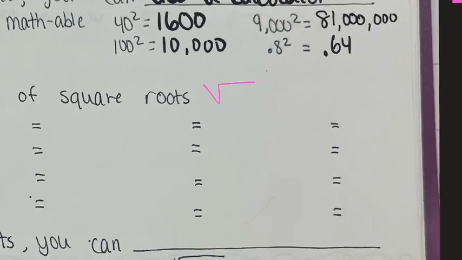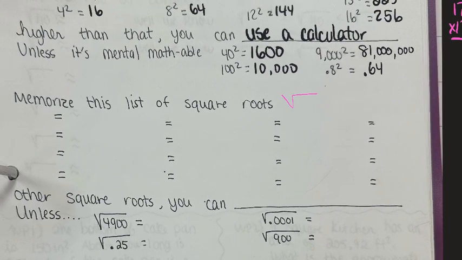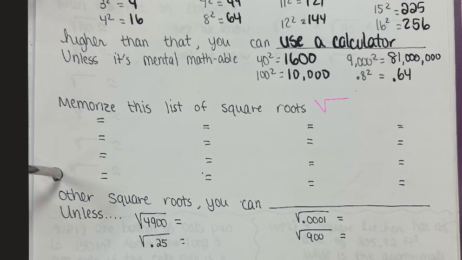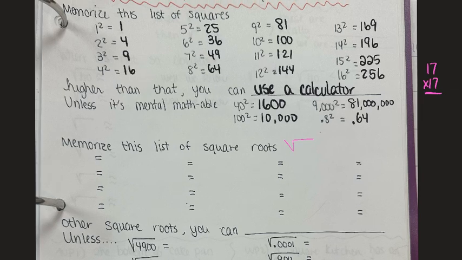So square rooting is the opposite of squaring. You're going to look at this list and we're going to work backwards. So think about what's the opposite of adding? Subtracting. What's the opposite of multiplying? Dividing. The opposite of squaring is square rooting.